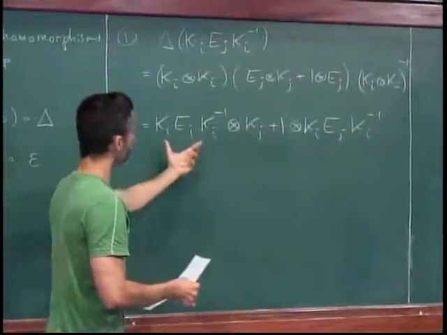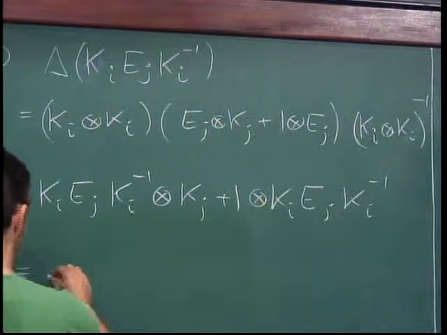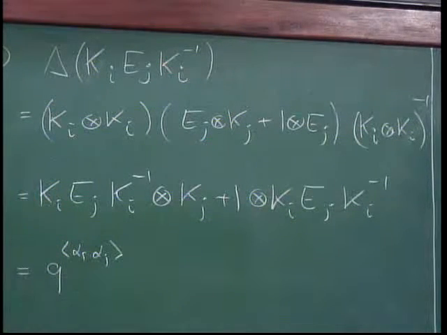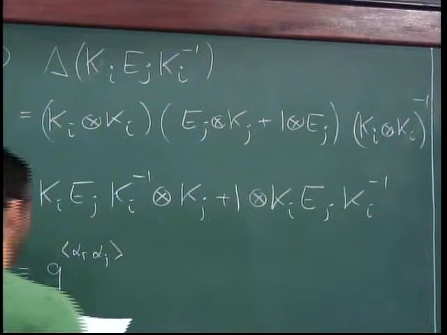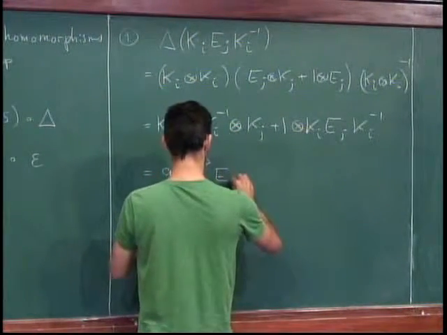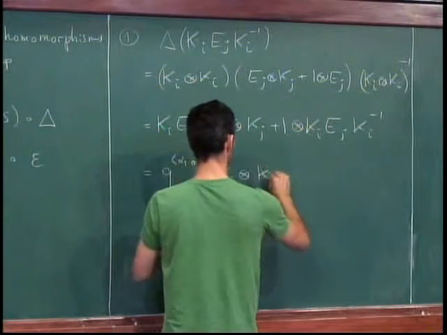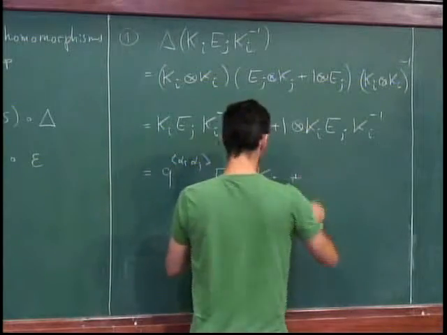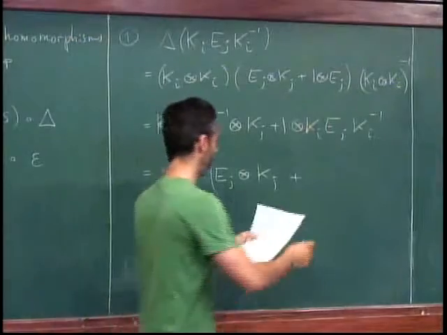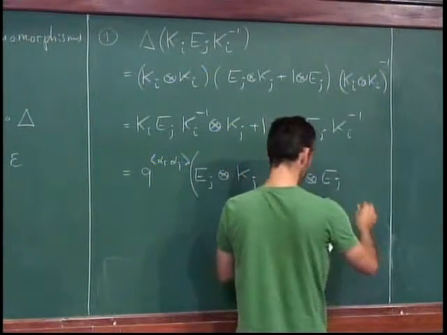Okay, now we're allowed to use our relation to replace this by q to the inner product of the simple roots, alpha_i, alpha_j, times E_j, this one remains, K_j, plus, and the same factor will come out here, so let me just put it in front, 1 tensor E_j.